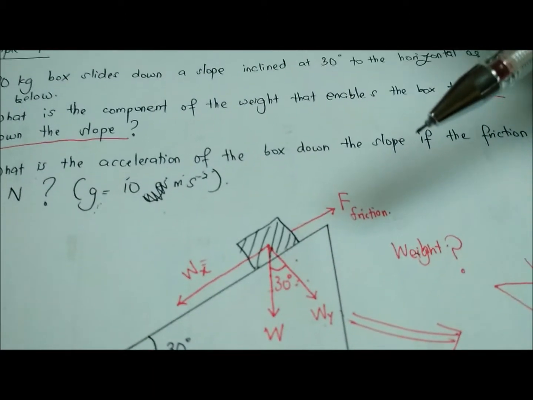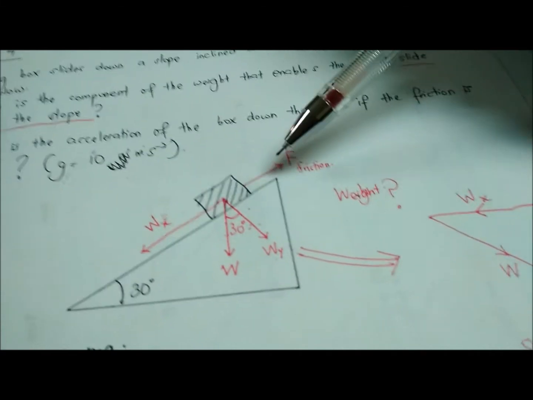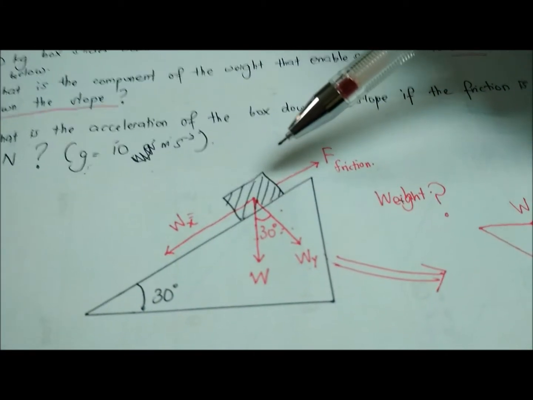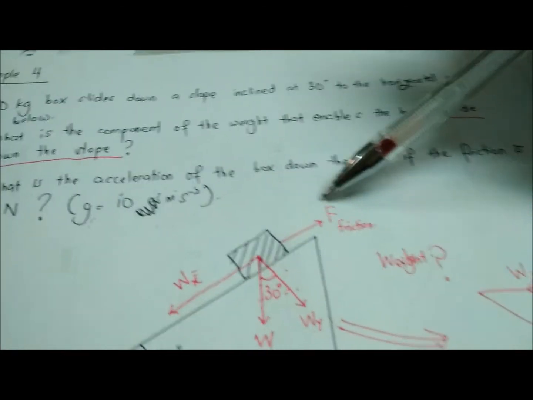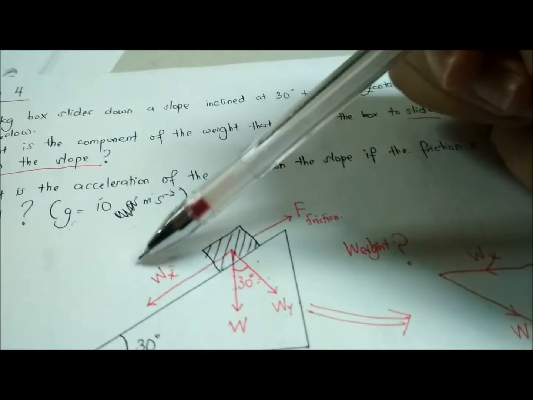So it all goes back to the addition of vectors, in this case between F friction and Wx.